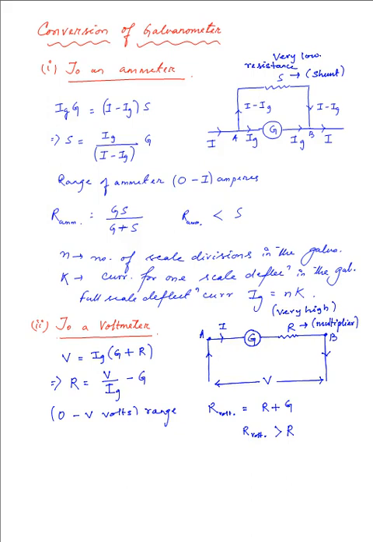So the series resistance has not only extended the voltage range, but it has also increased the resistance of the voltmeter, and as a result the voltmeter is connected in parallel to a given circuit, between the points where the potential difference is to be obtained.